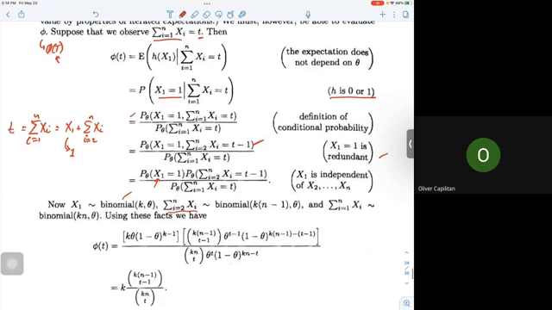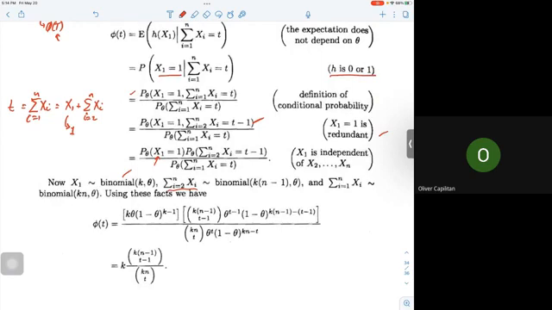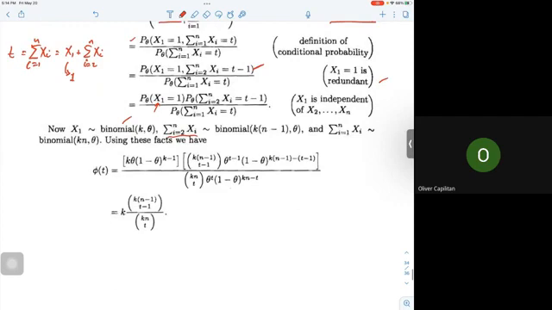So to compute phi of t, solve mo lang yung mga probabilities niya. Hindi ko na lang i-compute yan. So we have those probabilities, and then using your knowledge in algebra, simplifying all of this, we have these results. So we have phi of t is equal to this. So this is a function.